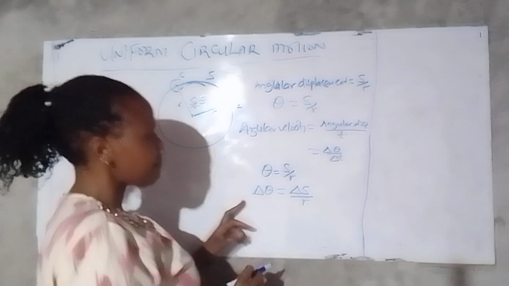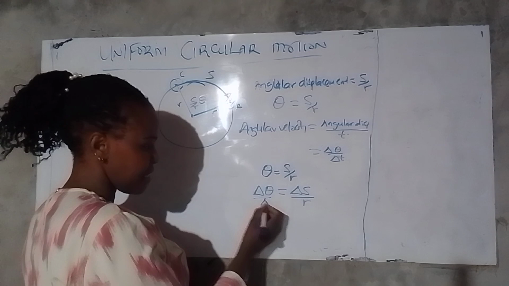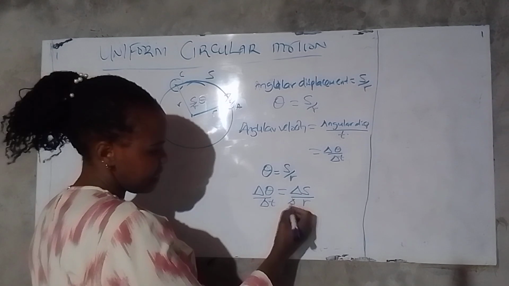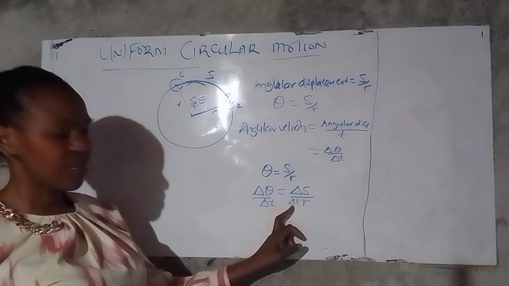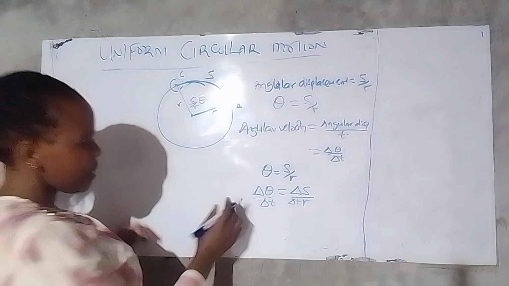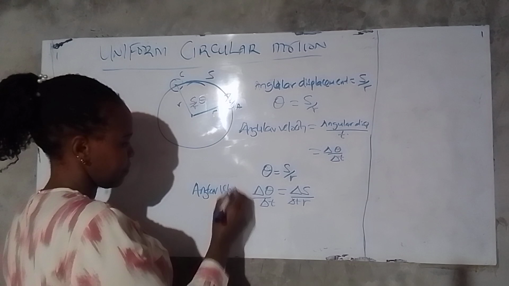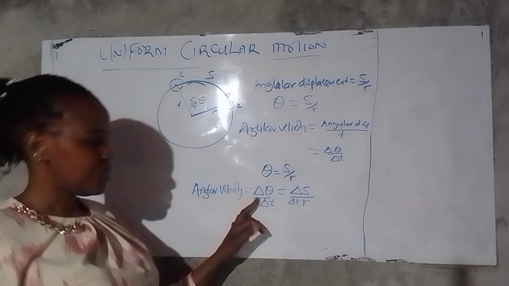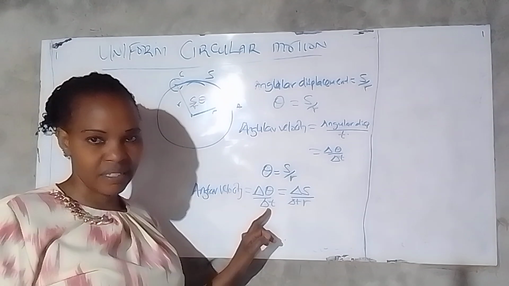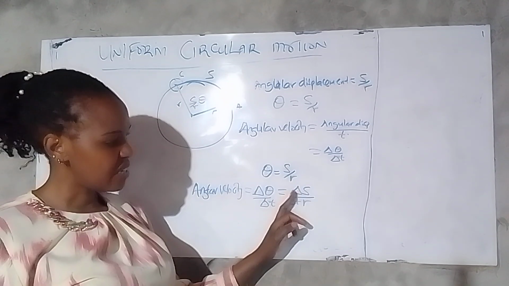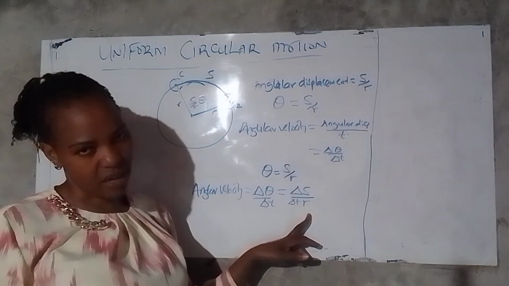So to get angular velocity now from this equation, I must divide here by delta t and here by delta t. So angular velocity equals change in angular displacement theta over delta t, the change in time taken, which equals delta s, the change in arc length, over delta t, over r.